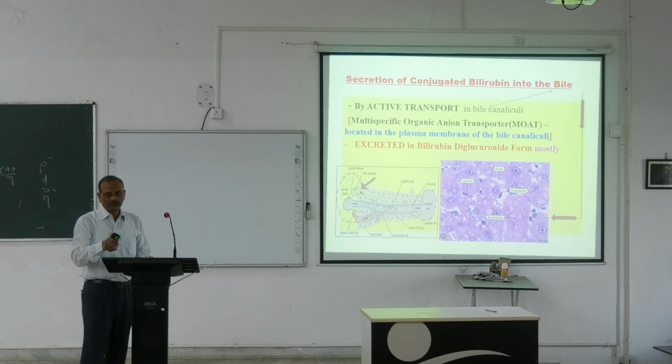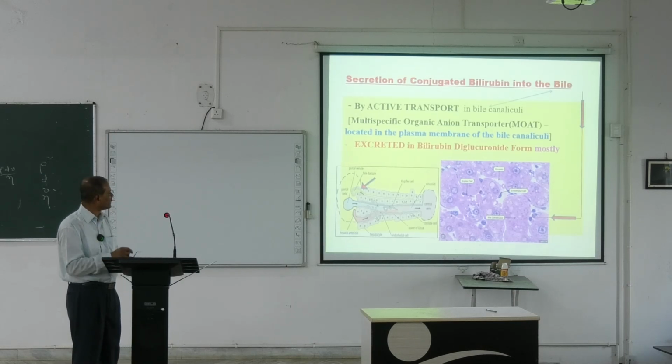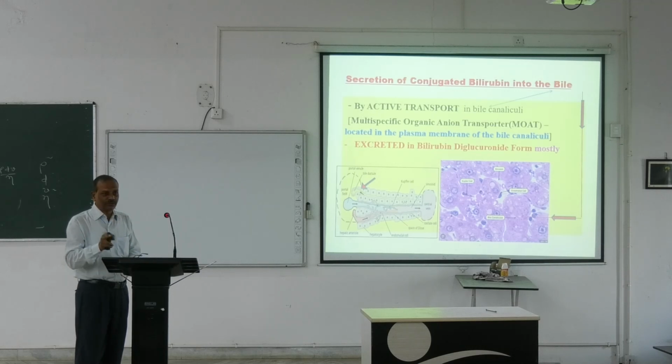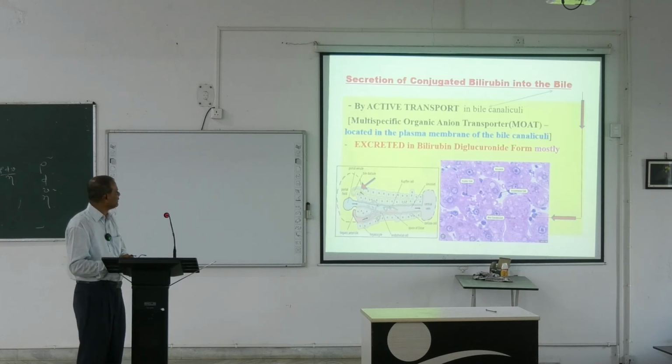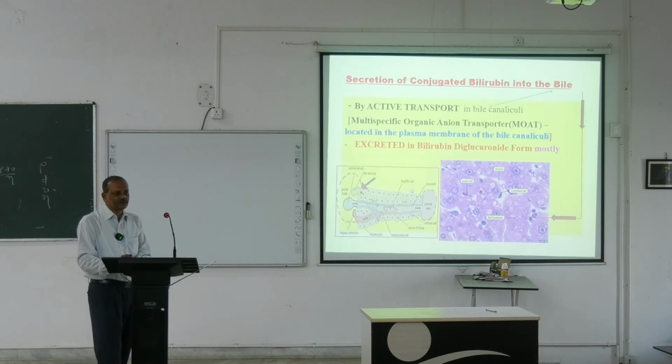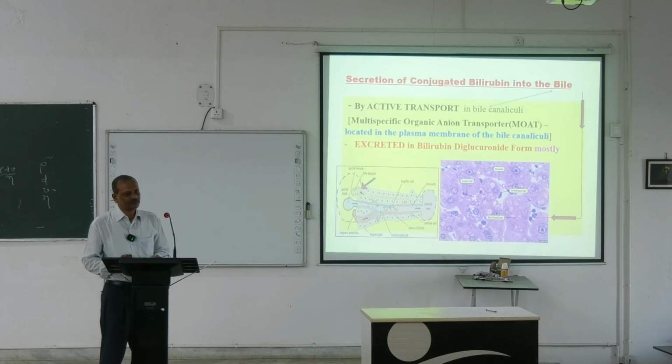Write down how it is transported. It is not only bilirubin but other anions. It is multi-specific. It is not bilirubin specific. And it is located at the plasma membrane of biliary canaliculi. Bilirubin is excreted in the form of bilirubin diglucuronide mostly. That is the most soluble form.